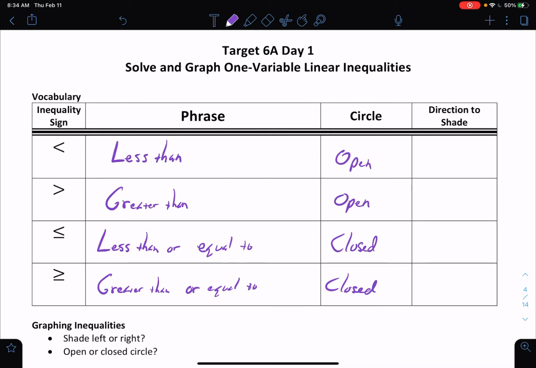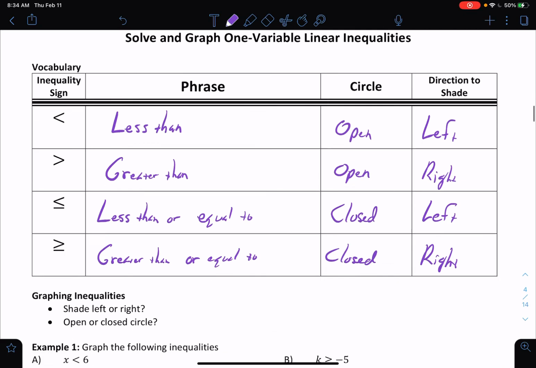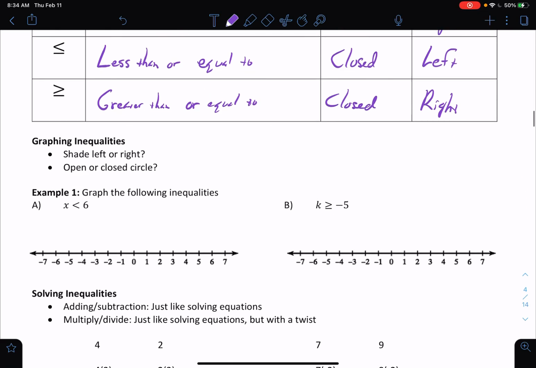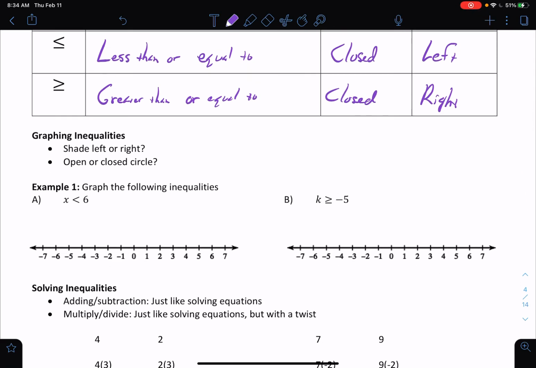And then if it's less than or equal to, you shade to the left on the number line. And if it's greater than or equal to, you shade to the right. So we'll get into those circles and the directions to shading, what that looks like after we solve some. Okay? But when we're graphing inequalities, we need to think, do I have an open or a closed circle, and do I shade to the left or to the right?